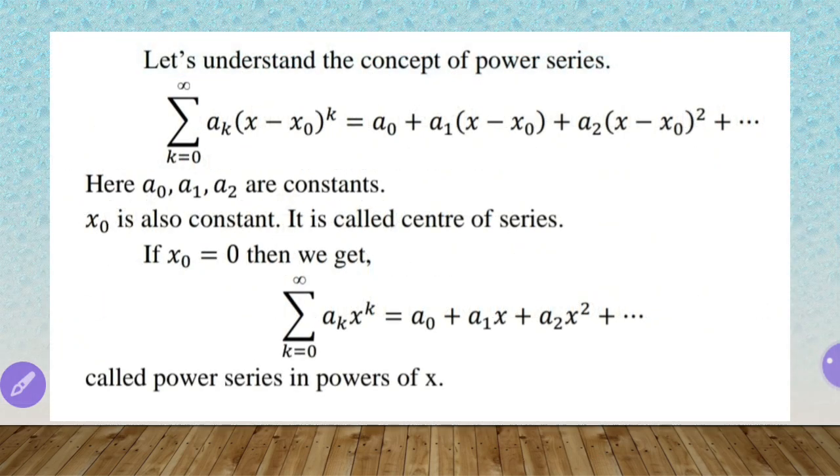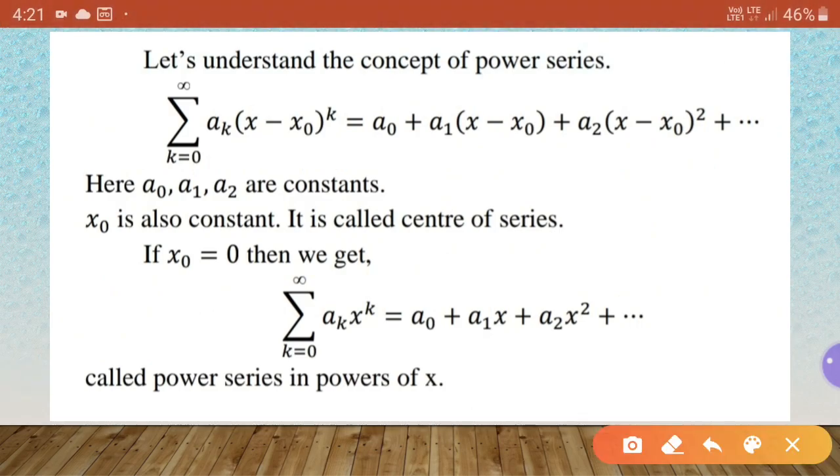So let's understand the concept of power series method. Power series means if we have summation k equal to 0 to infinity of ak into (x minus x0) to the power k. Now if we put k equal to 0 first, we get a0 (x minus x0) to the power 0. Any term to the power 0 is 1, so it is only a0.